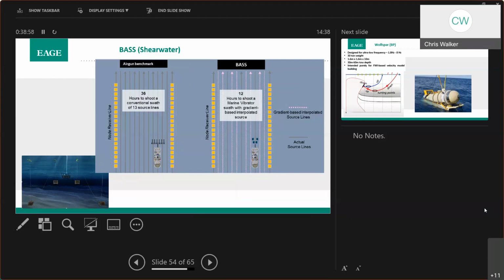With the marine vibrator using a gradient source, it would only take 12 hours to shoot the sweep lines, which are then interpolated to give you the equivalent of the 13 source lines that you would require with an airgun source. So a very significant improvement in operational efficiency. Next slide, please.